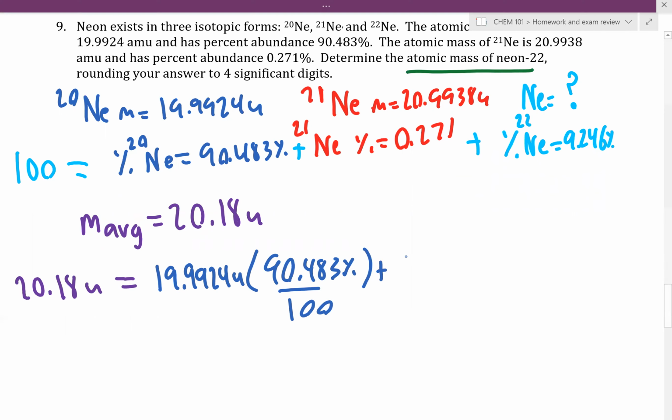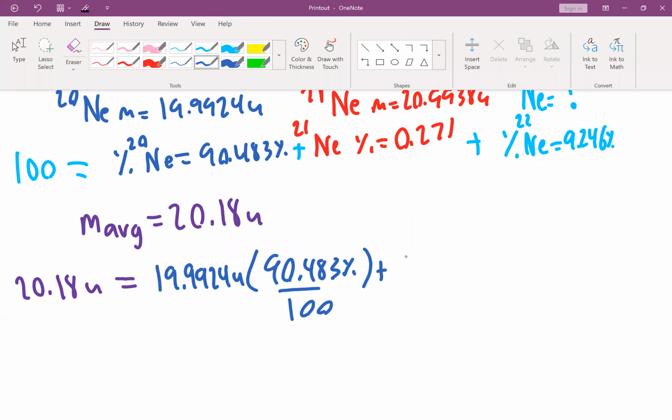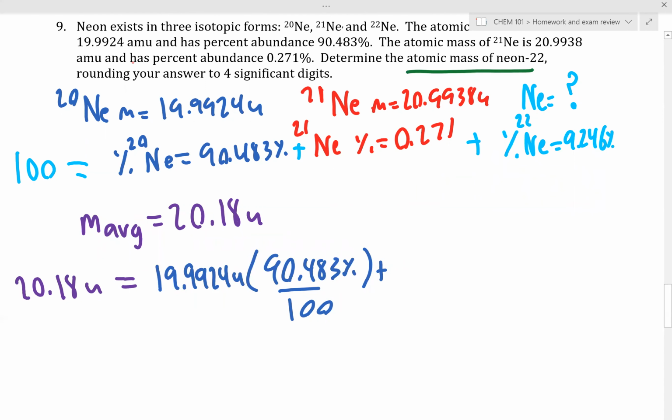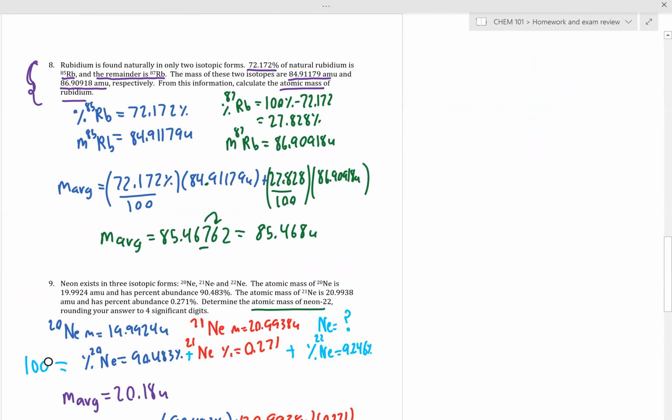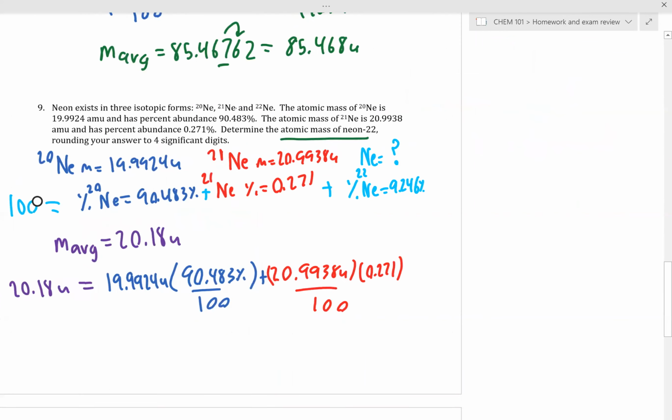We're then going to add the mass of neon 21, which is 20.9938 AMU, times the percent abundance, which is 0.271, divided by 100. And I'm going to have to zoom out because this formula string is quite long.